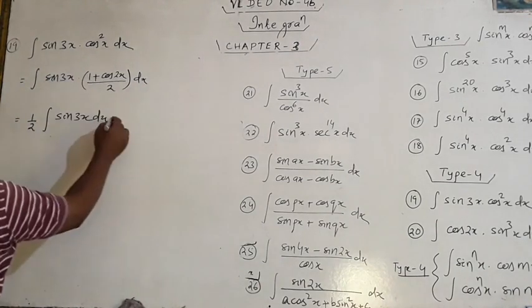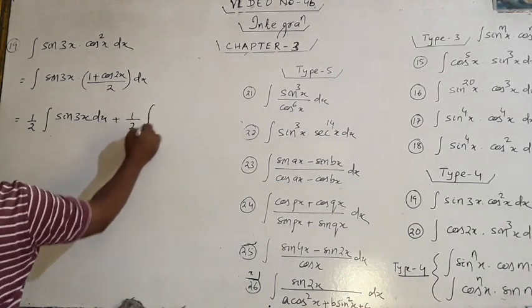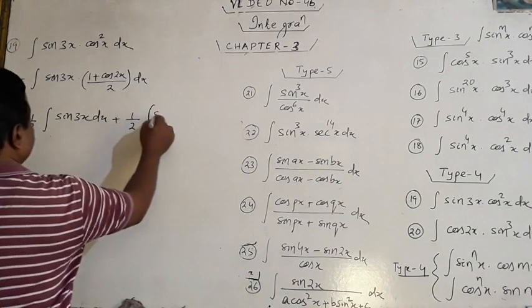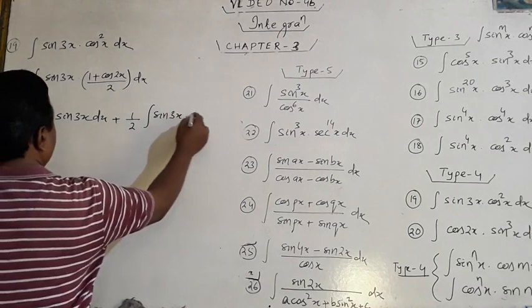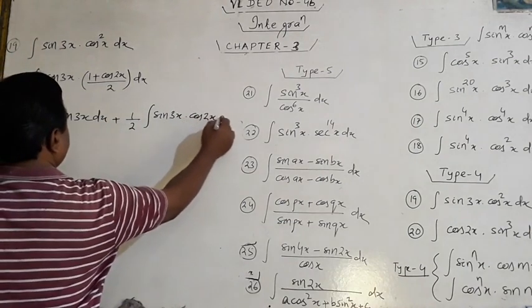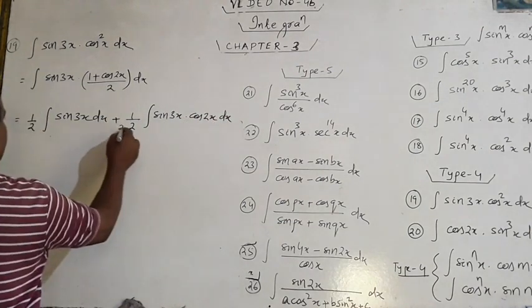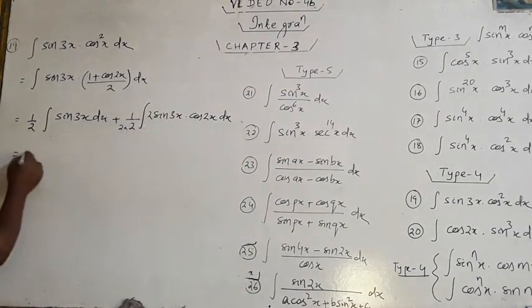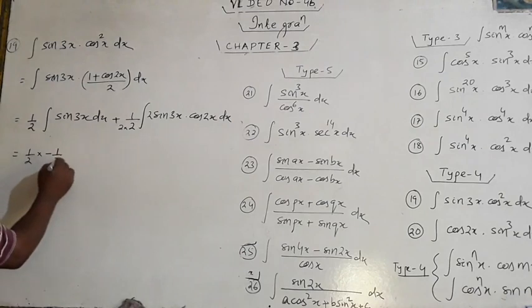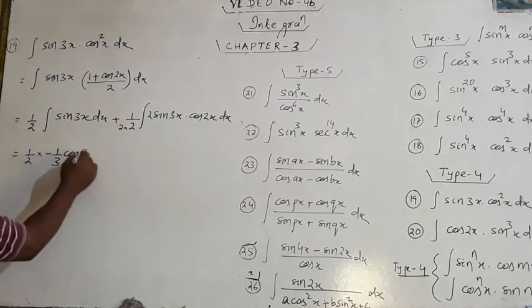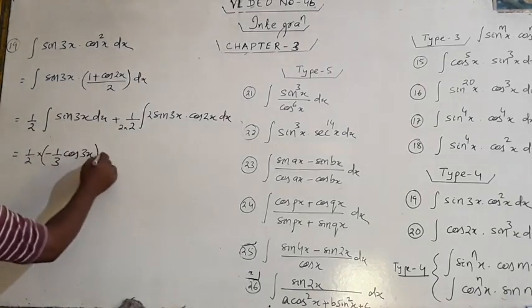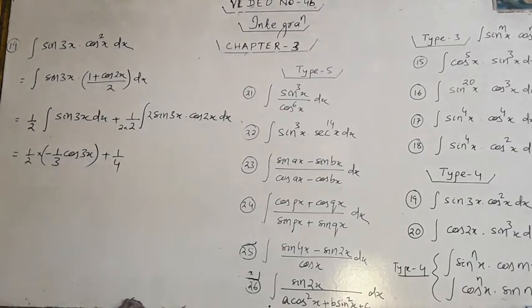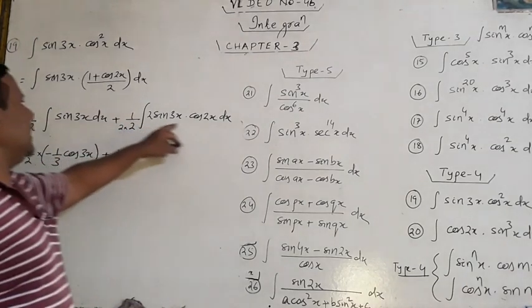Sin 3x into 1 plus 1 by 2 integration of sin 3x into cos 2x dx. Now multiply 2 here, then multiply 2 here, it becomes 1 by 2 into, what is integration of sin 3x? Minus 1 by 3 cos 3x plus 1 by 4. What is the value of 2 sin a cos b?